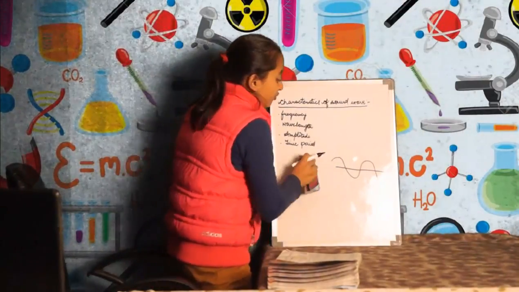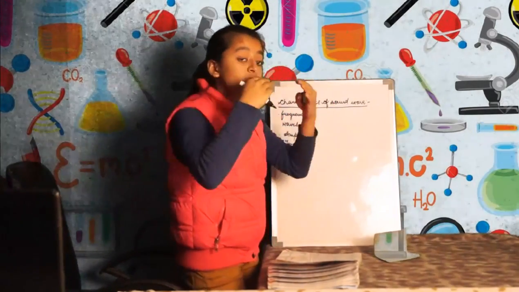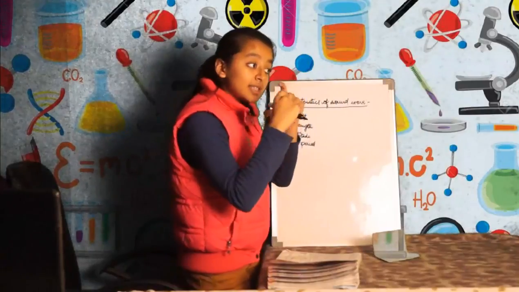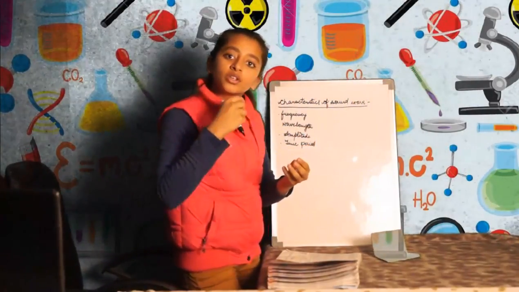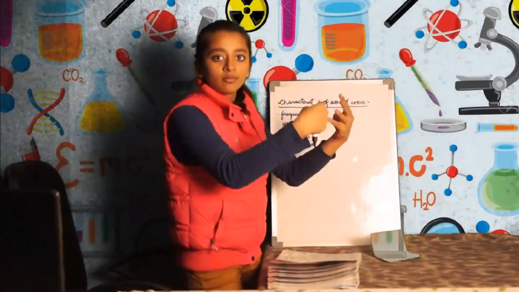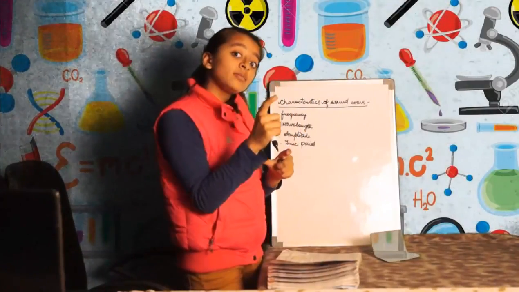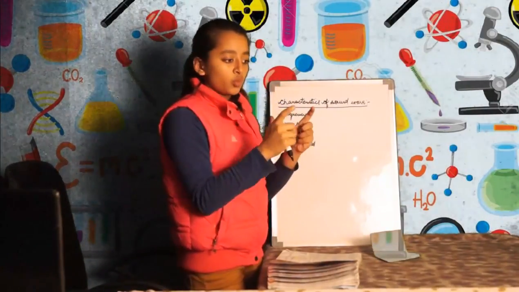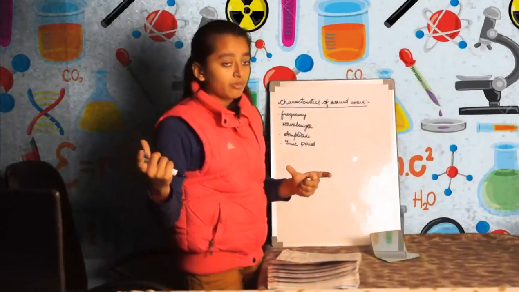If you want to take out the whole time from the source to the listener for the sound energy to travel, then you multiply the time period into the frequency, because our frequency gives the number of waves that come from the source to the listener, and the time period is the time taken to complete one wave.